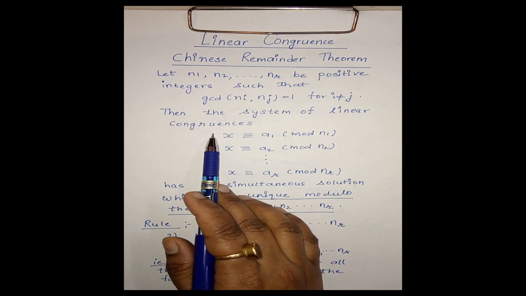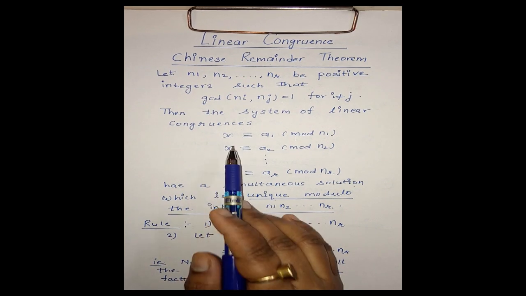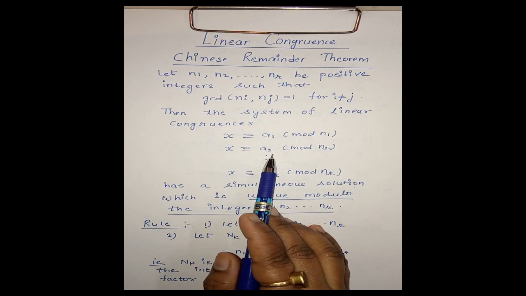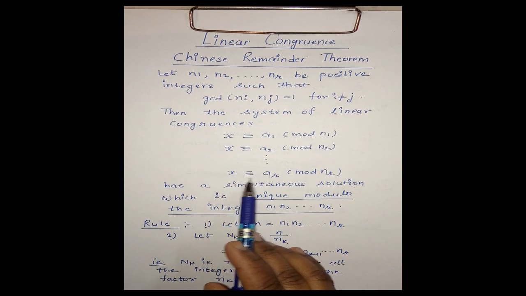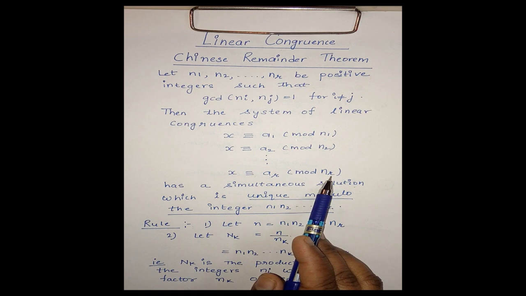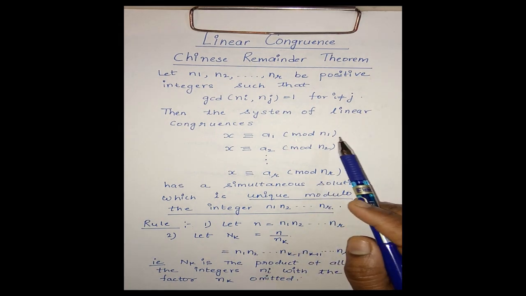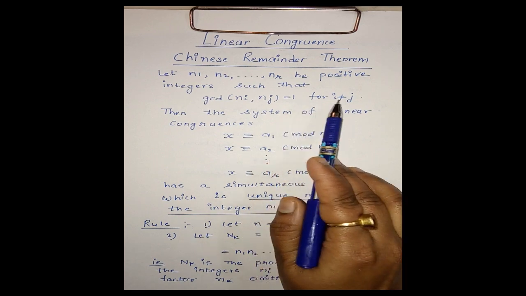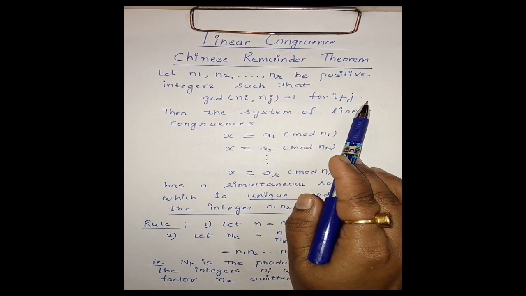Here we have a system of linear congruences: x is congruent to a1 modulo n1, x is congruent to a2 modulo n2, up to x is congruent to ar modulo nr. The condition is that the GCD of ni and nj is equal to 1 for i not equal to j.